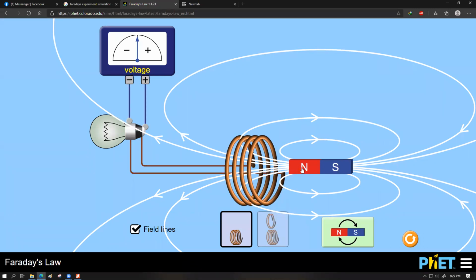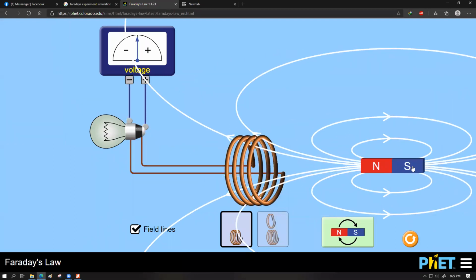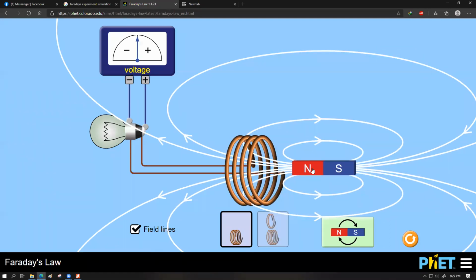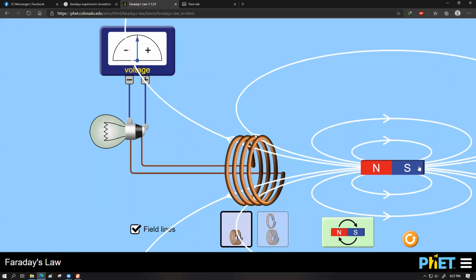Similarly, if you try to take this pole away from the coil, it will try to attract that north pole, it will try to pull that north pole closer. And we have to make this movement possible to take it further away. We have to work against that attractive force from the coil, which means the coil will always try to oppose the motion of the magnet that is causing it to induce some EMF.